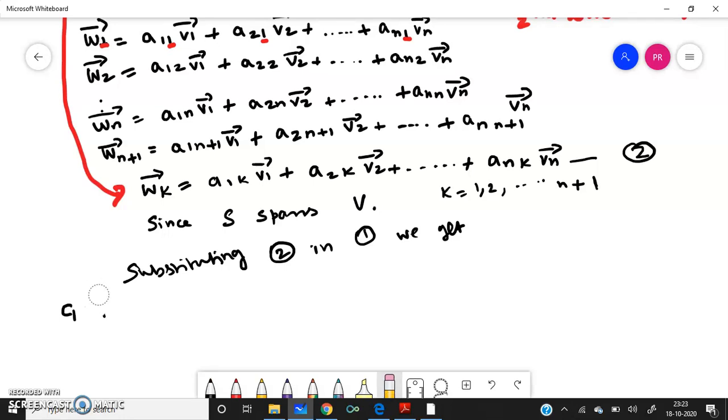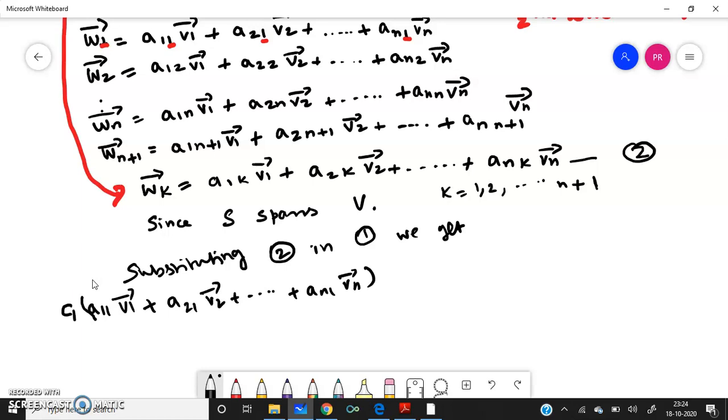In the place of W1, I'm going to write this linear combination: A11 V1 plus A21 V2 plus and so on plus An1 Vn.